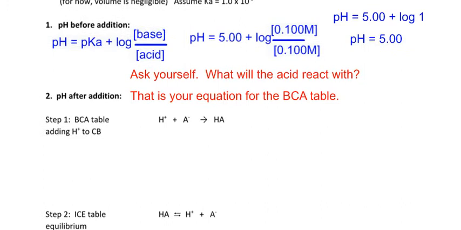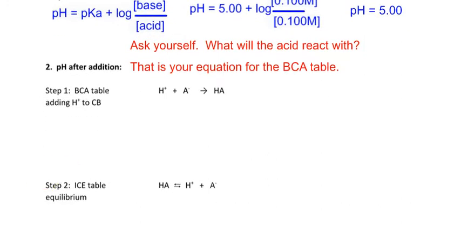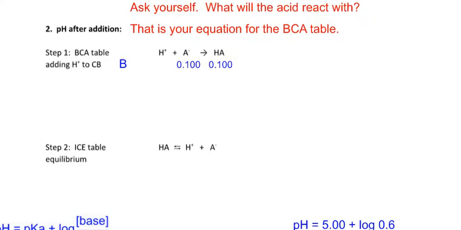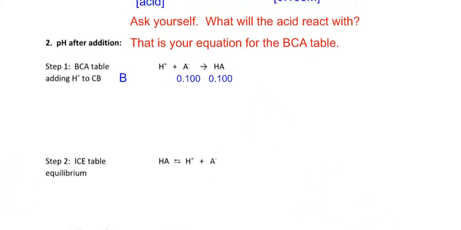Okay, so let's see here. I need some numbers. What is my initial amount? If we're talking stoichiometry, we don't call it initial, we call it before. If you recall, we have 0.1 molar of each solution, but folks, this is not molarity, this is moles. And what is moles equal to?